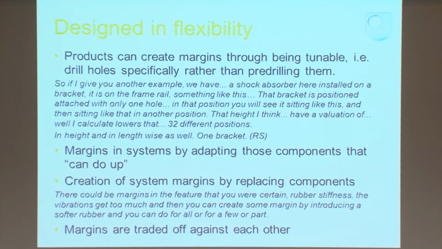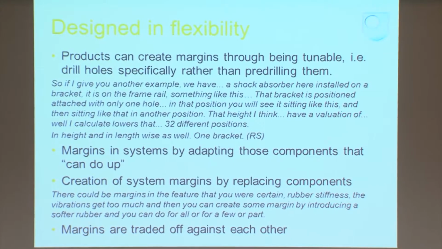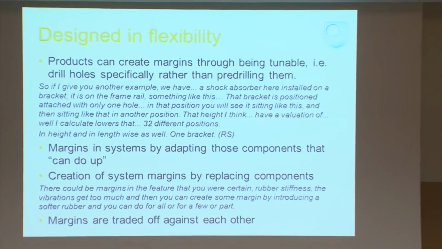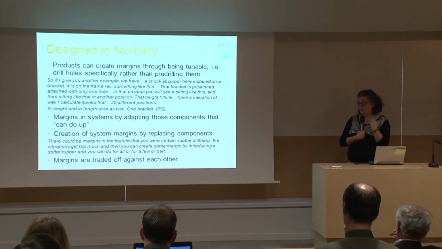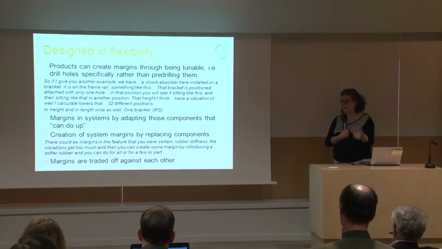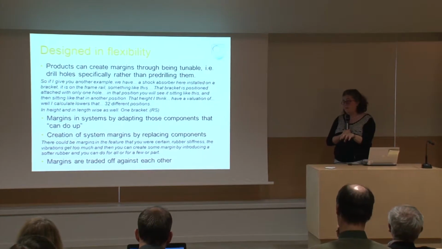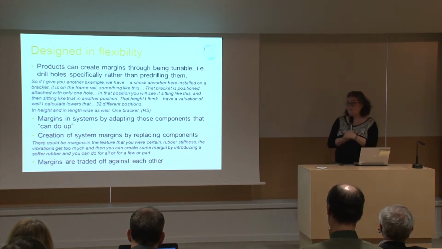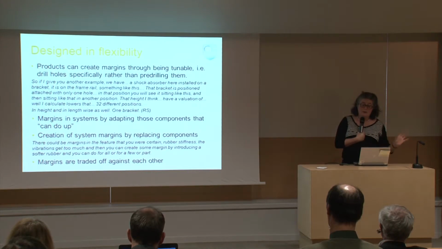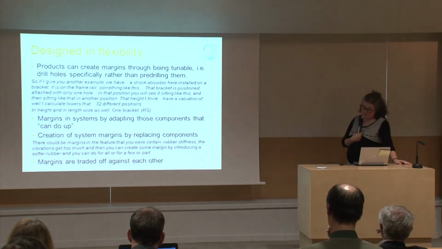So you sometimes have situations where you have components that themselves are optimal or optimized, but by putting them together you have a system that has no margins. And of course the corollary is you can have components with huge margins, put them together in a system, and the system has no margins whatsoever, maybe because one single thing doesn't have any margins. And so they need to be traded off against each other.